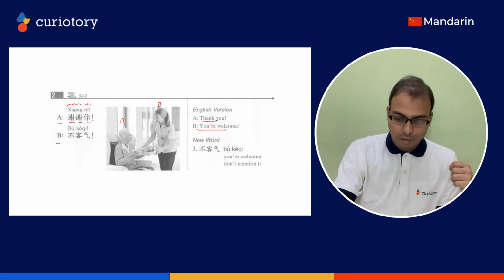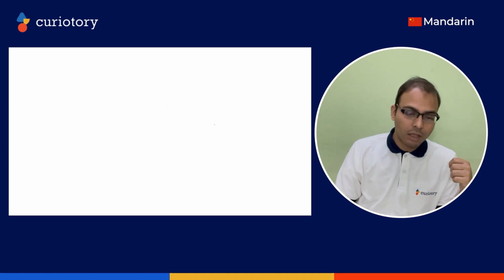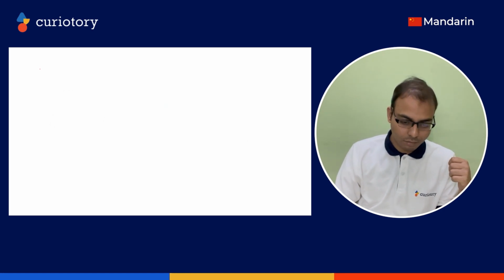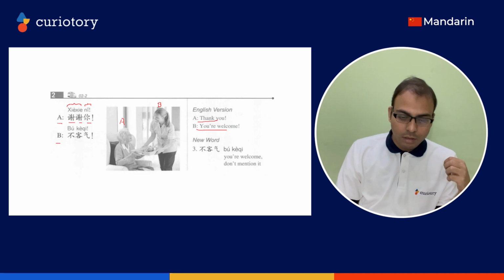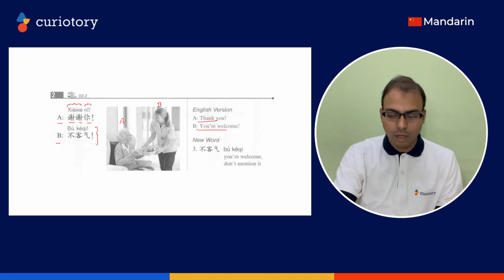Now let's get back to our same old 3 aspects. So in this case here, what is the first aspect? Bu ke qi basically means you are welcome. Or no need to be so much courteous. Or you can also say don't mention it.